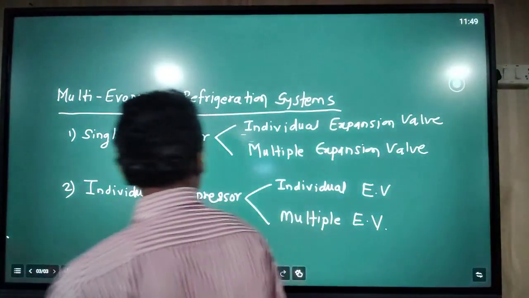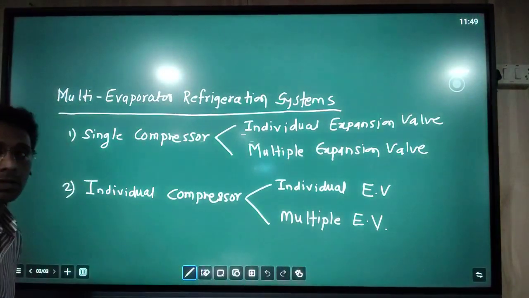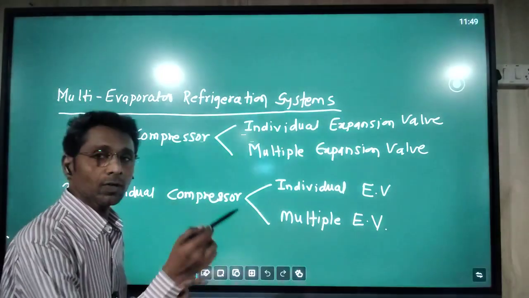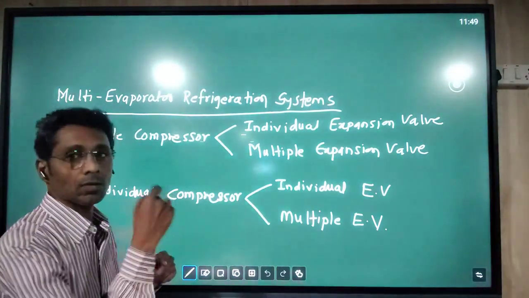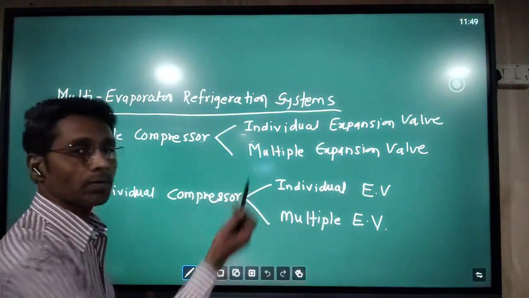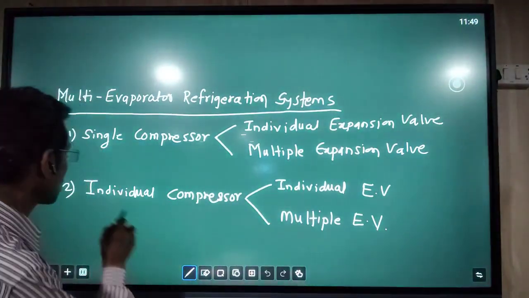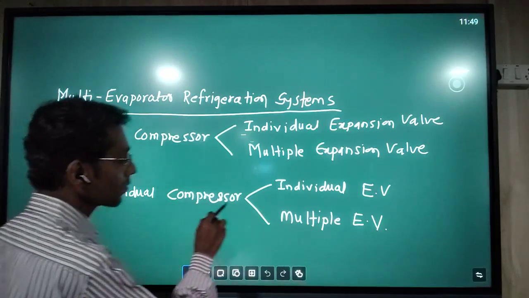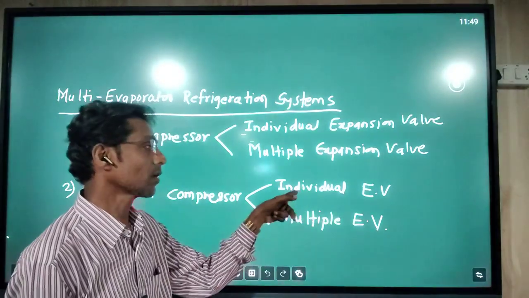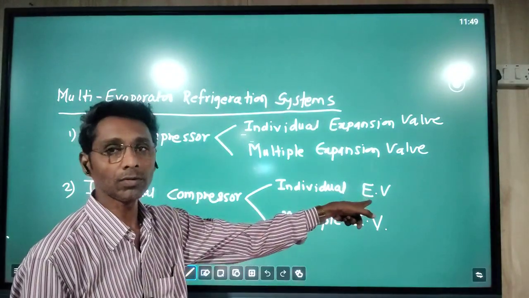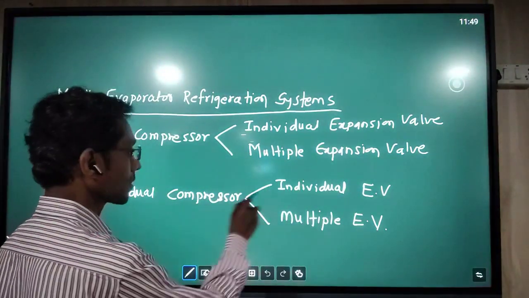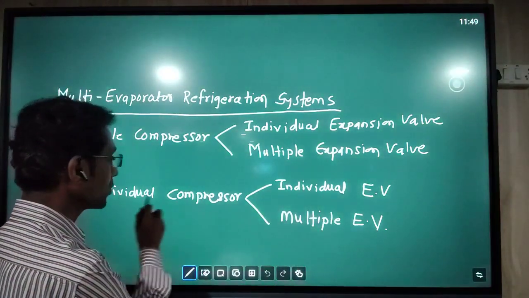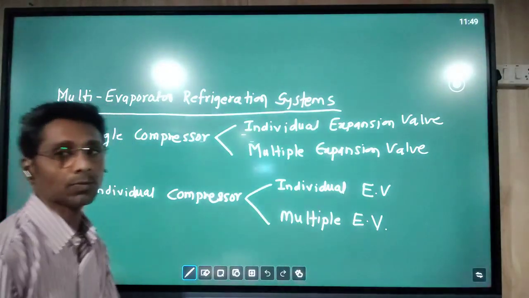Then when we use an individual compressor for each evaporator, meaning the first compressor for the first evaporator, the second compressor for the second evaporator, and so on, that is called individual compressor. Individual compressor again has two types. When an individual expansion valve is used, it is called individual compressor with individual expansion valve. And the next one is individual compressor with multiple expansion valve.